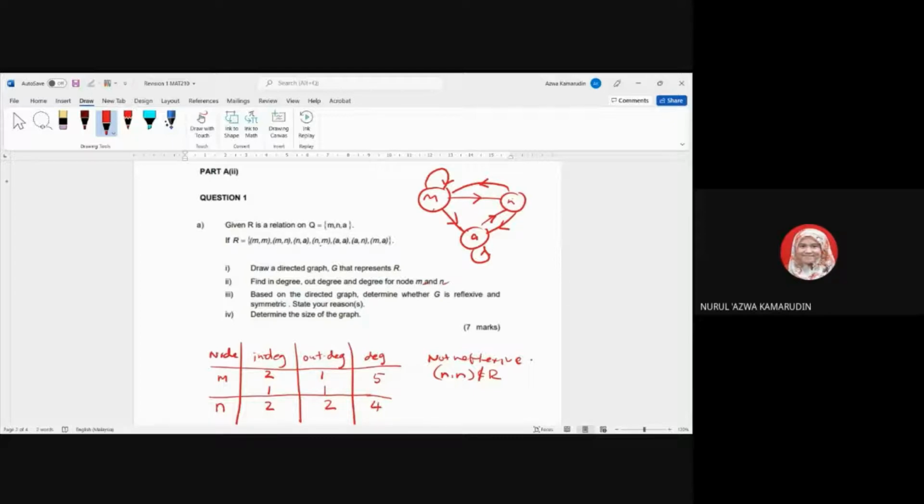Okay, symmetric. This is not reflexive. Not symmetric.